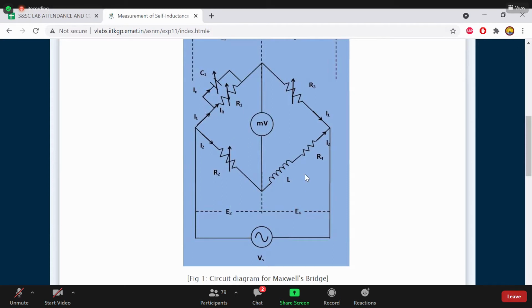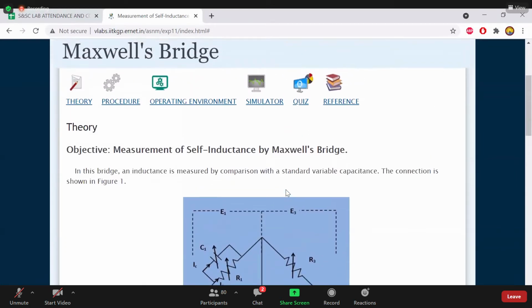When the 4 arm impedances are equal, the bridge will be in balanced condition. All the component values we know except this inductance. So when the bridge is balanced, we can easily estimate the unknown inductance because the 4 impedances are equal. That is the logic in Maxwell's bridge.